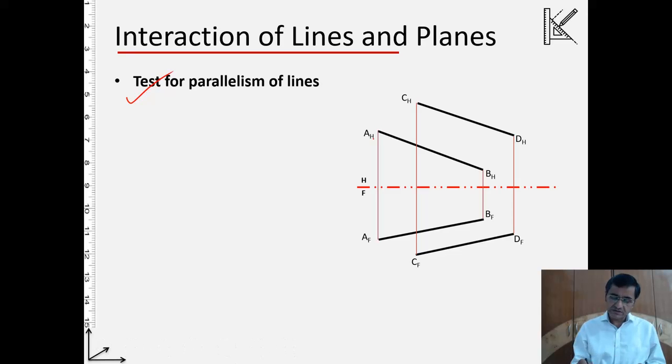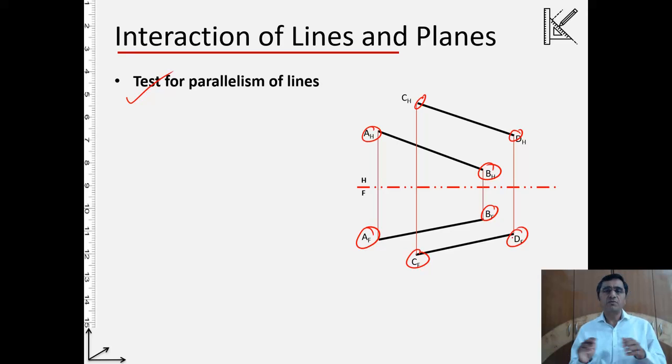You will notice this is AH, BH, AF, BF. So this is the projection for line AB. Similarly, CH, DH, CF, DF make the projection of line CD on horizontal and frontal.